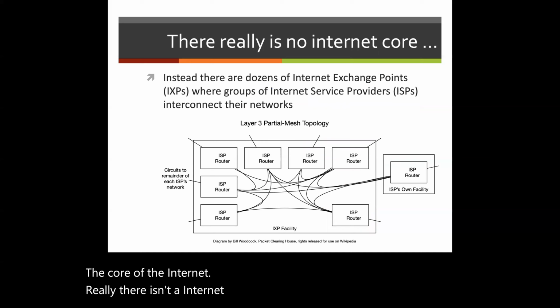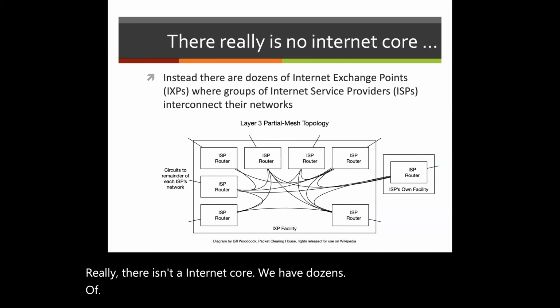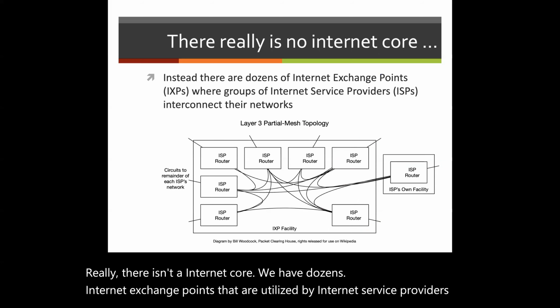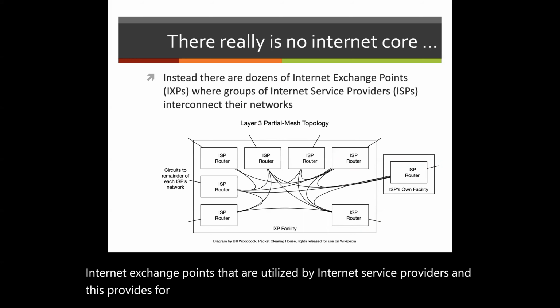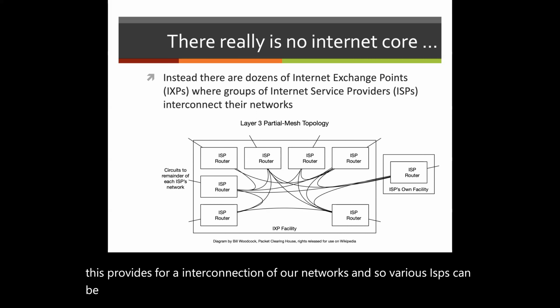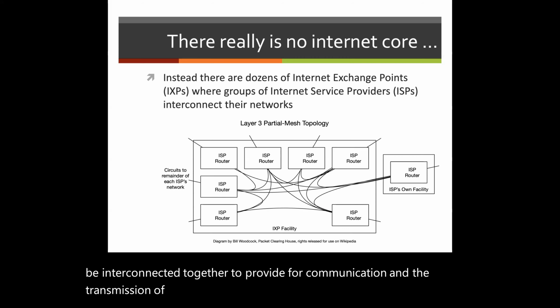We have dozens of internet exchange points that are utilized by internet service providers. And this provides for an interconnection of our networks. And so various ISPs can be interconnected together to provide for communication and the transmission of packets. And so this is basically making use of a layer 3 partial mesh topology.